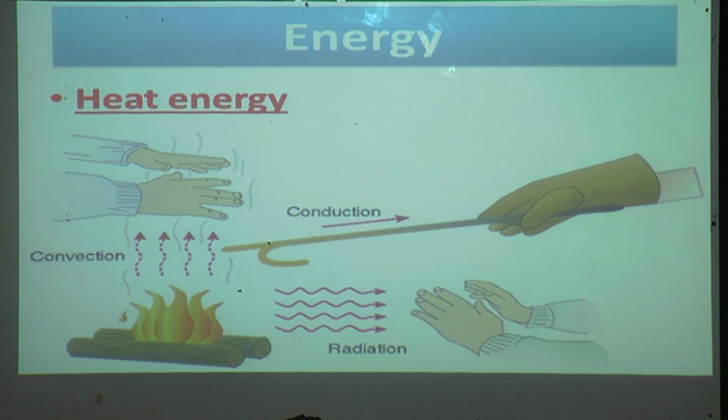When we keep a rod on a heat, it becomes hot, and from that rod our hands will burn. And radiation means heat energy waves are coming from that heat. So heat energy can be transferred in the form of convection, conduction or radiation.